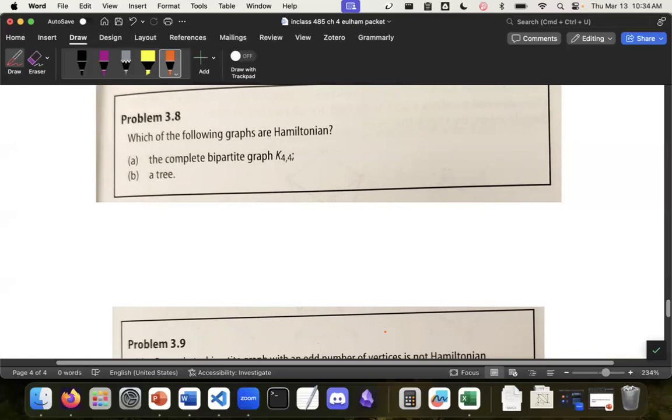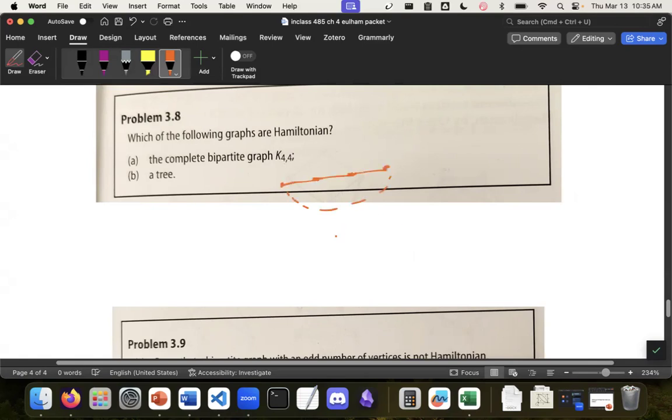Okay, I hear a consensus over here. Is a tree Hamiltonian? No? Is there a kind of tree that is Hamiltonian? A path tree? Right, because we can't get back to the start. We've got a definition for semi-Hamiltonian, which is the same kind of thing where we start and end in different places.